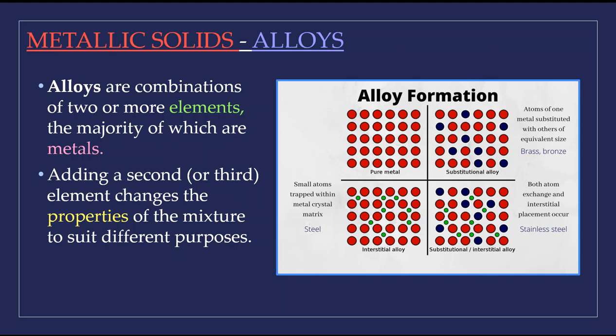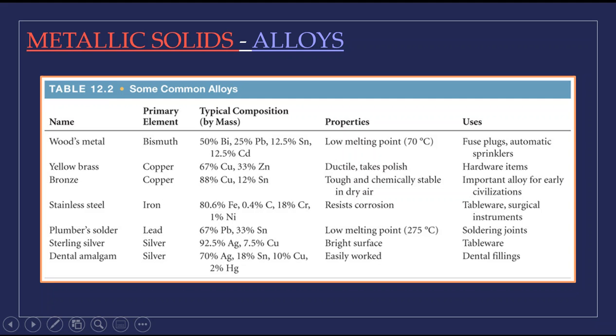size. There's the interstitial and the substitutional, based off the size of the atom as to where they go into the lattice structure. So we'll talk about some of these as we go along.